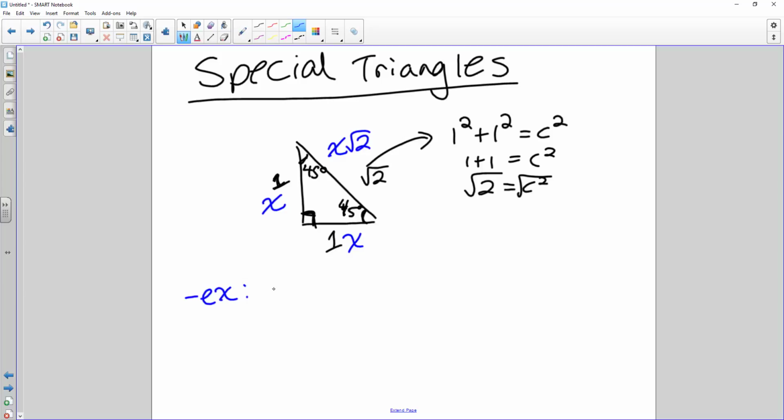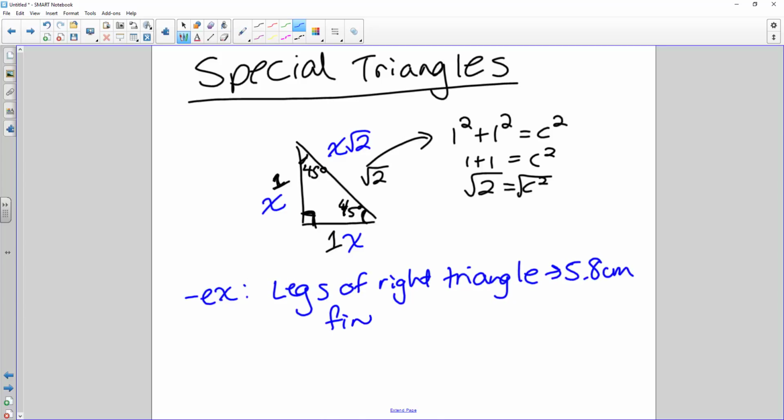Let's say I know that the legs of a right triangle are 5.8 centimeters. Find the hypotenuse.